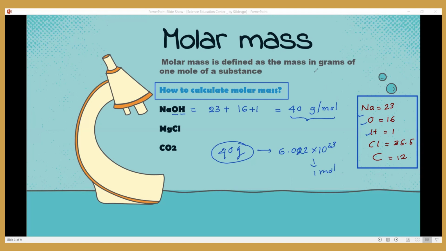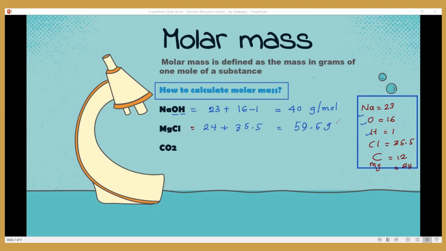Let's go to the next one and keep calculating. MgCl2, magnesium has a mass number of 24, which I haven't written, so let me write it. Calculating the molar mass of magnesium chloride, it is 24 plus Cl 35.5, which is 59.5 gram per mole.